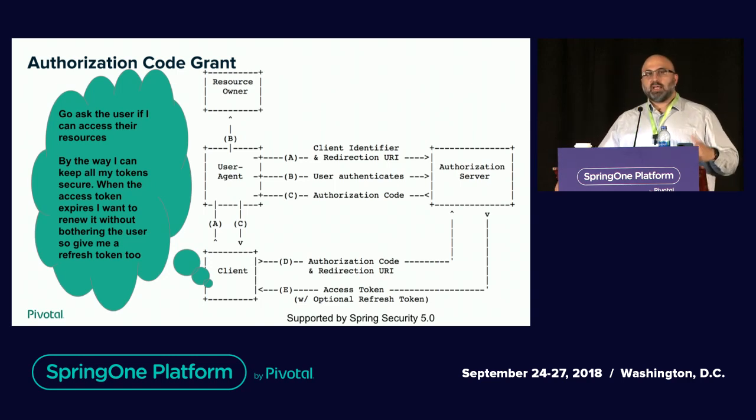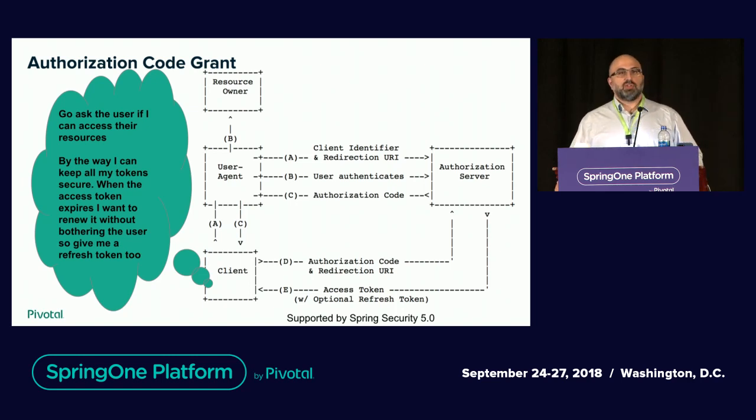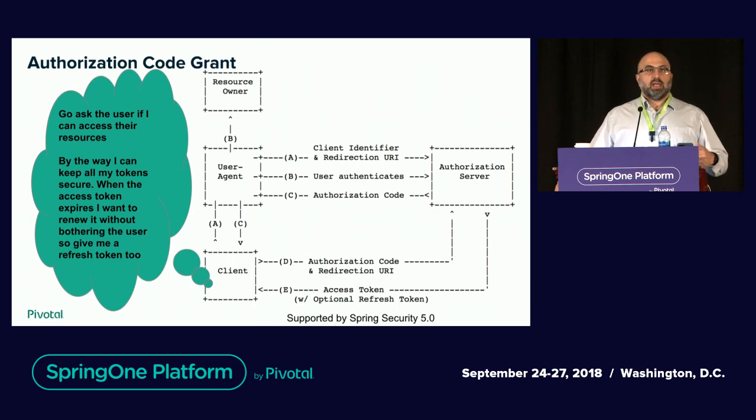So when my access token expires, I can go and refresh and get a new access token so that I don't have to bother the user. The whole idea behind refresh tokens is that you don't ever send them over the wire to the application. You only send the refresh tokens to the authorization server.